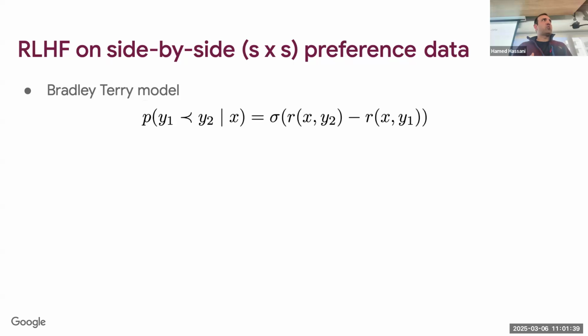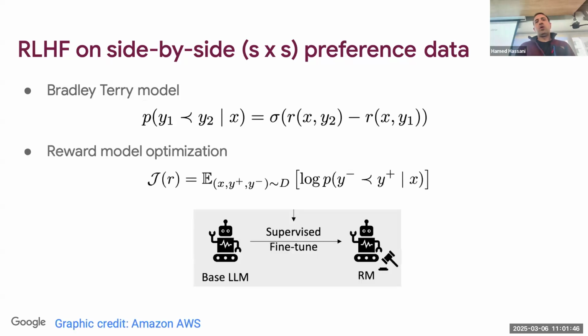I didn't tell you how to train it, but this is the general model. Now, how do we train it? We have data of the form, tell me a joke, and then two jokes, one of them is preferred, and then we take the log likelihood of this Bradley-Terry model and train it on our data set, the same way that we train any other type of model.